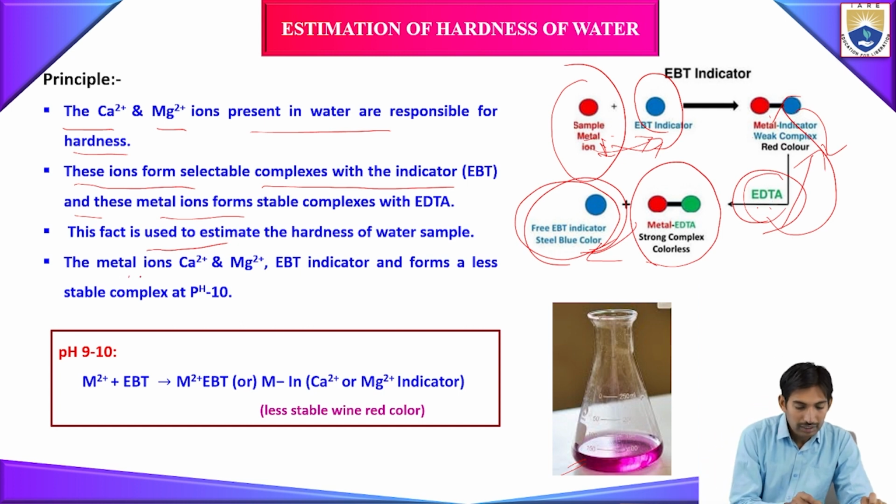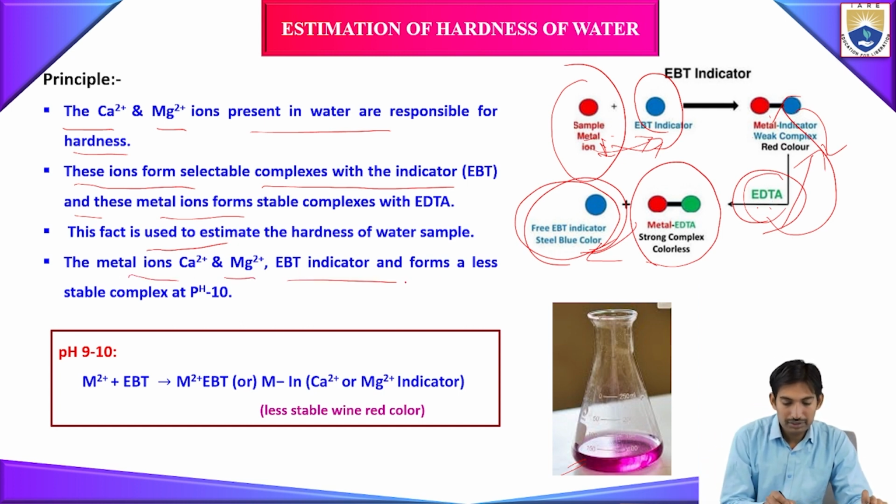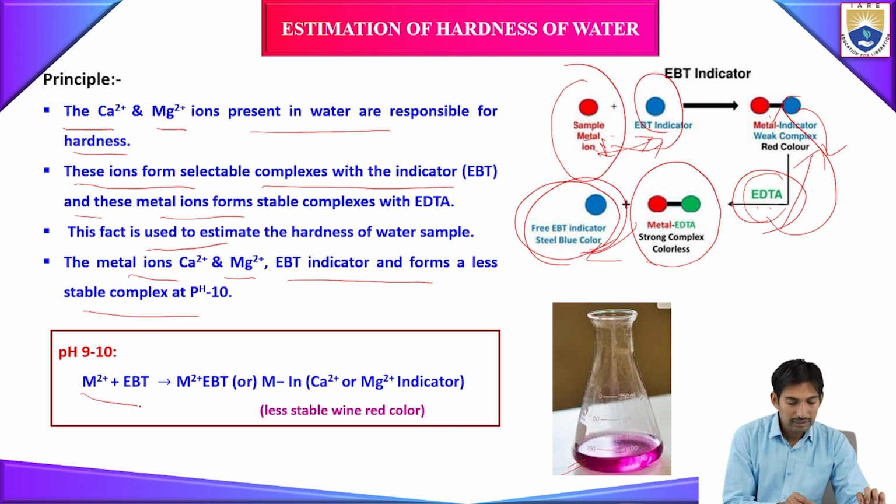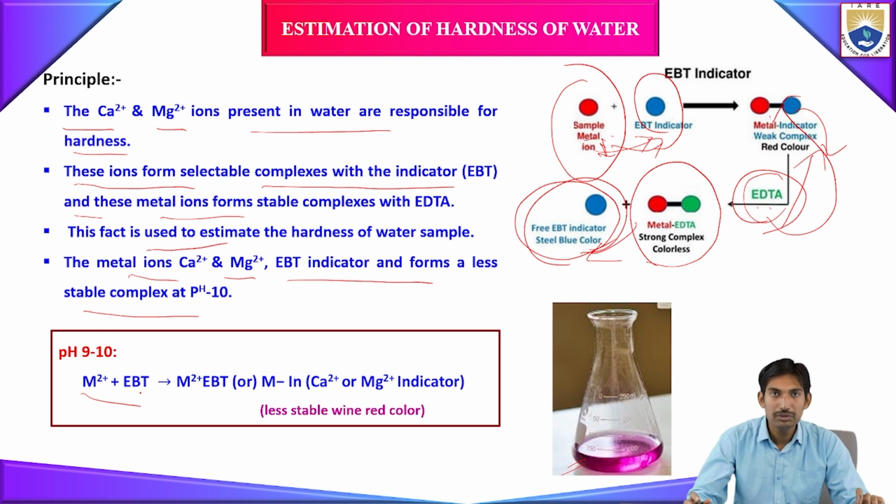The metal ions calcium and magnesium form a less stable complex with EBT indicator at pH 10. We have to maintain pH 9 to 10 by using a basic buffer, the ammonia buffer, NH4OH and NH4Cl composition. At pH 9 to 10, the metal ions react with EBT indicator, metal plus EBT forming metal-EBT complex, which is unstable.